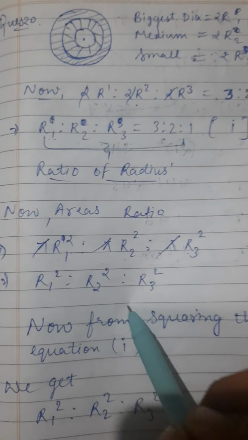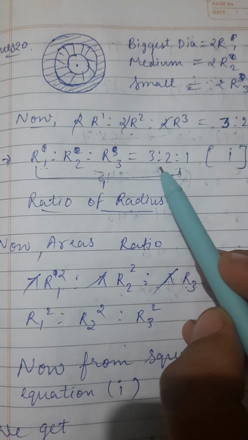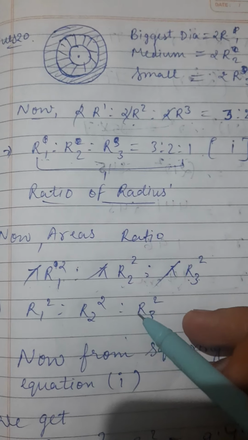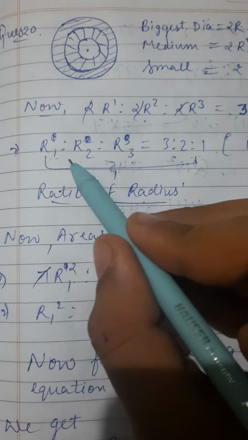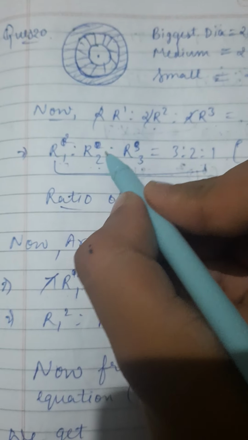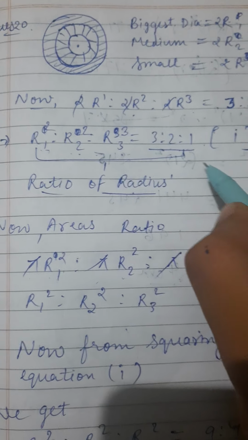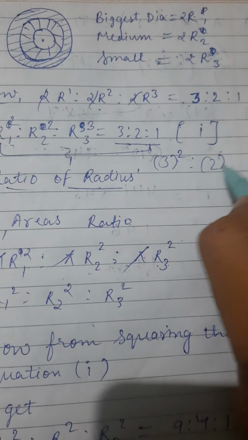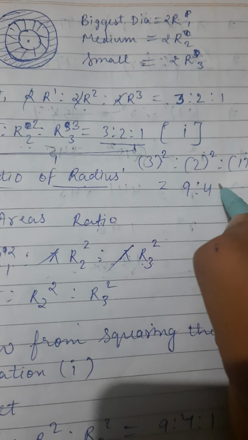left. So if we look in equation 1, so by squaring both sides here, can we find the value of this term? Let's just square it. If we square this, then it will come to be r1 square, r2 square and r3 square, and this ratio will become as 3 square ratio 2 square ratio 1 square, which will be 9 ratio 4 ratio 1.